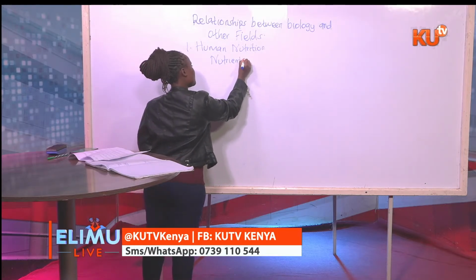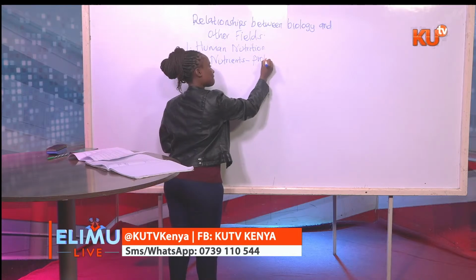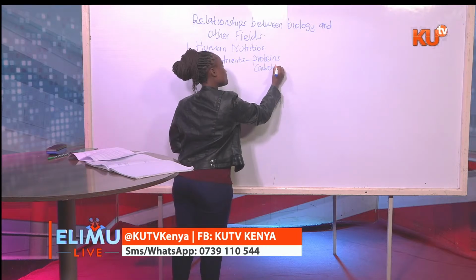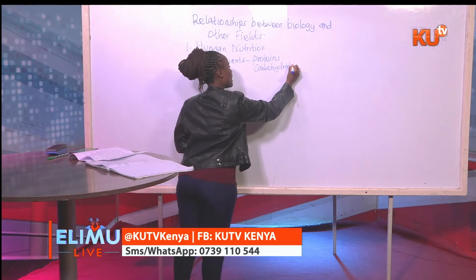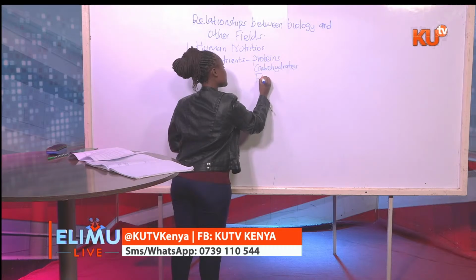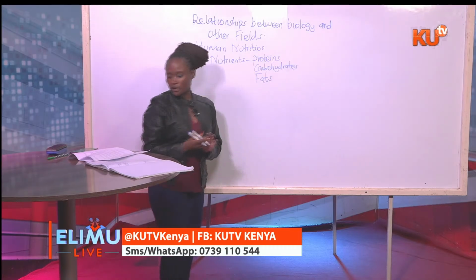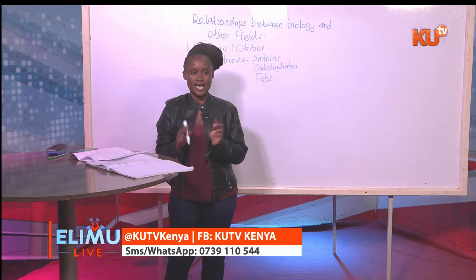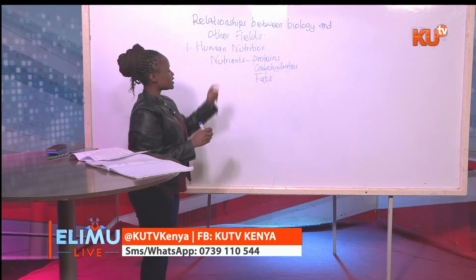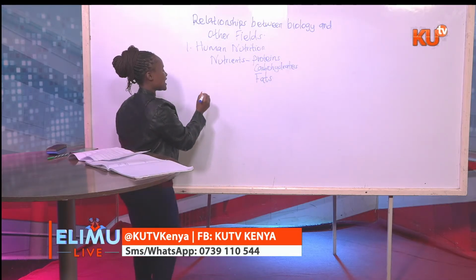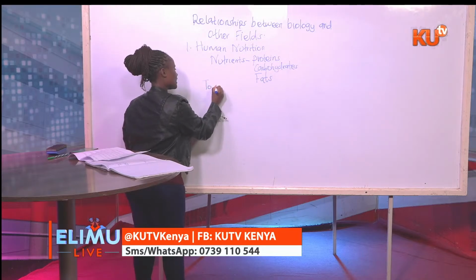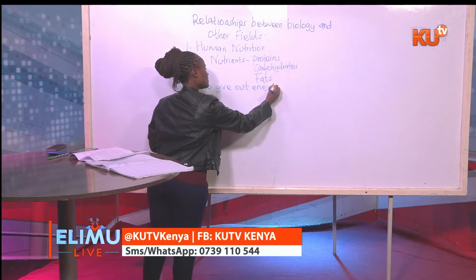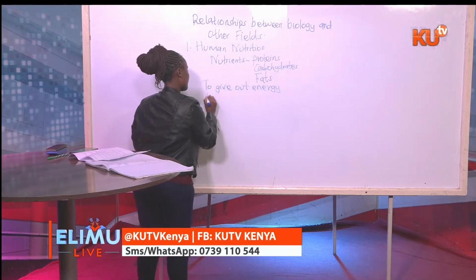In nutrients we have proteins, carbohydrates, and fats, and how these nutrients are used in the body. Nutrients are used in the body to give out energy for growth.